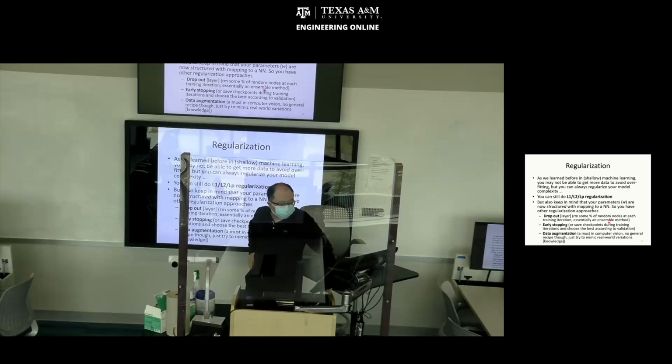This is random, and done at each training iteration. The nature of this method is essentially equivalent to an ensemble method that can reduce the variance. That's why dropout works.